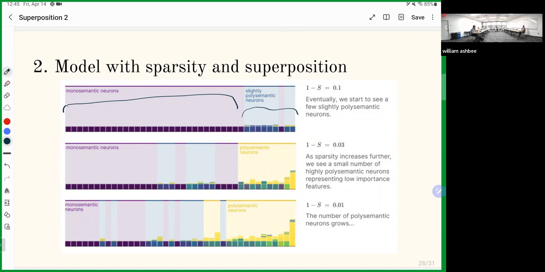And you can see that as sparsity increases, the number of neurons using superposition starts to increase. Superposition allows encoding the features which are less important, but as you can see, it happens in the sparse regime.